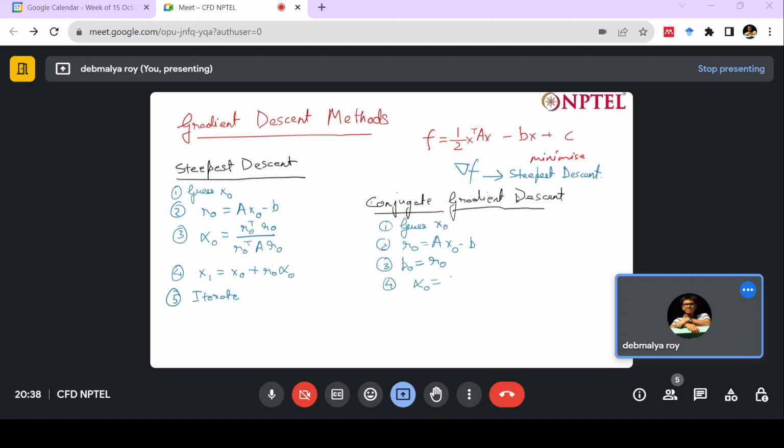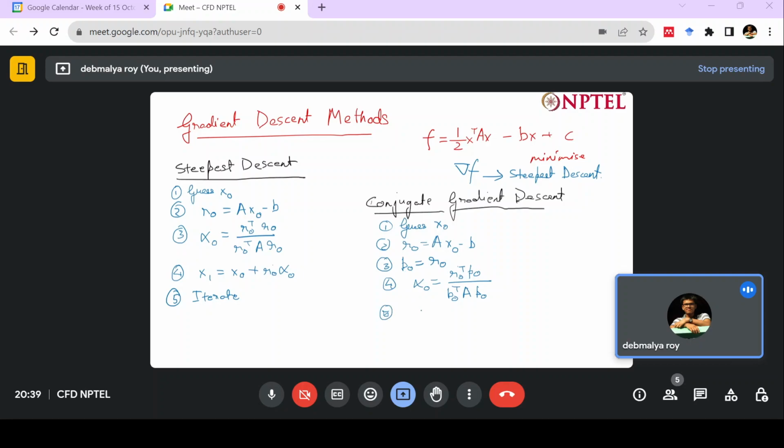So this is r0 transpose p0 divided by p0 transpose A p0. If you remember the conjugate gradient descent method, then only you will also remember the steepest descent, because this p0 concept is not there.